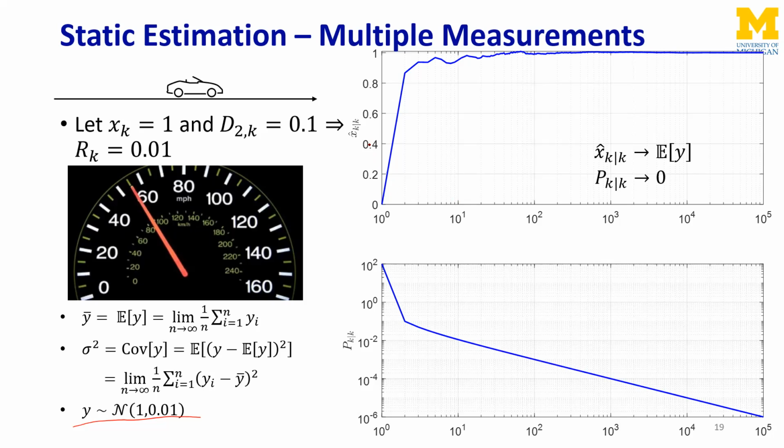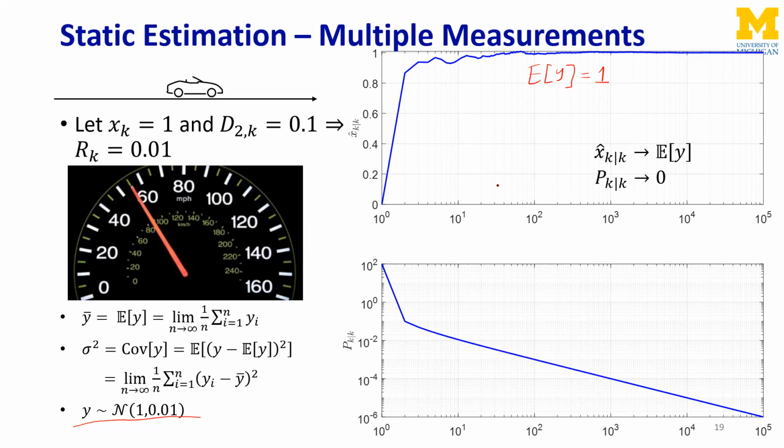Actually, the y-axis is linear, the x-axis is log. As time goes on, as you get more and more data, you actually converge to the expected value, which is 1 in this case. The expected value of y is 1. So the expected value has converged to 1.